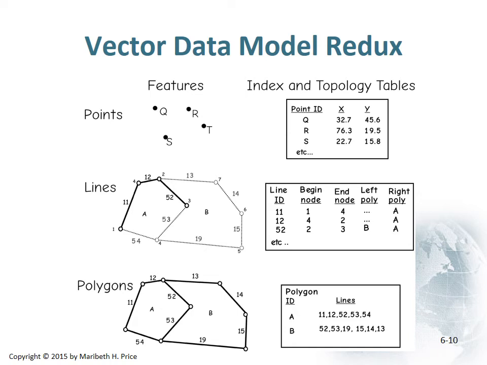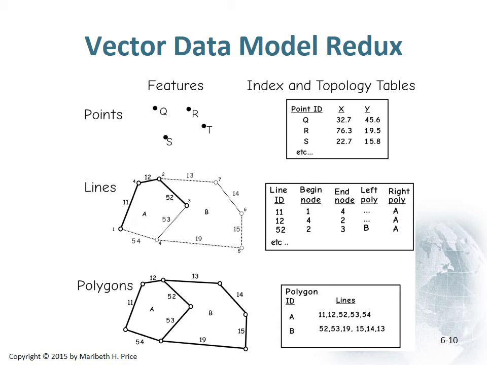If we're creating lines by digitizing lines across space, the start node, the end node. If it's related to polygons, you might have information stored in there related to that. If you actually take the lines to the full extent of creating polygons, you have, again, the unique identifier, and then the lines that comprise that polygon, and then the relationships of adjacency between polygons.